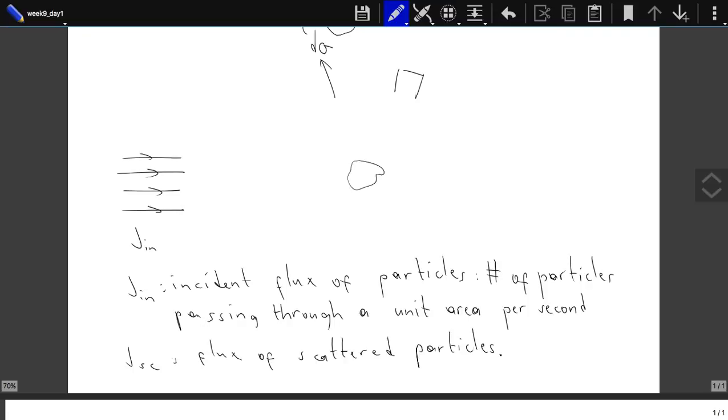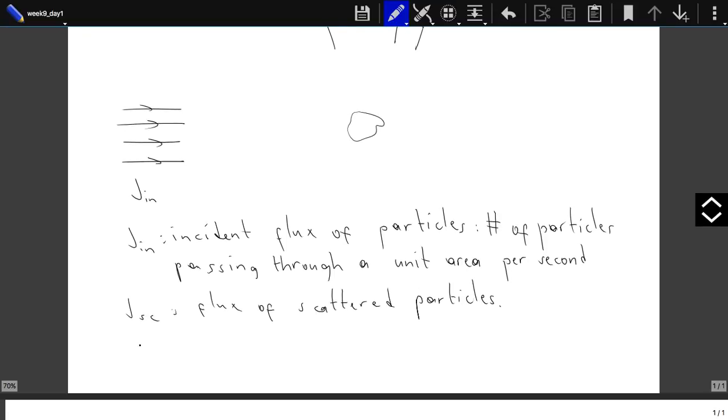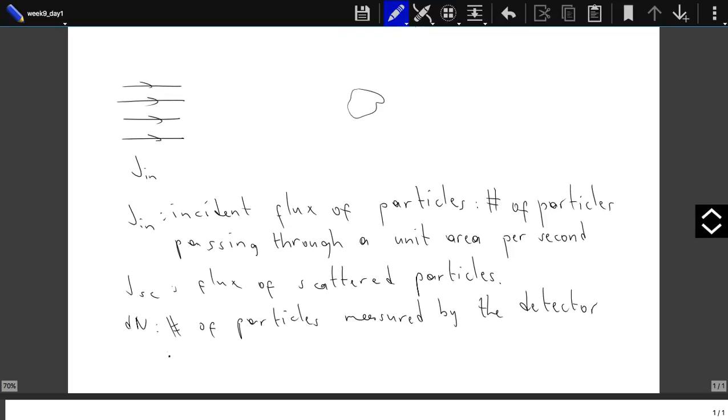Then our detector will be measuring some number of particles per second. Let's say N is the number of particles measured by the detector per second.